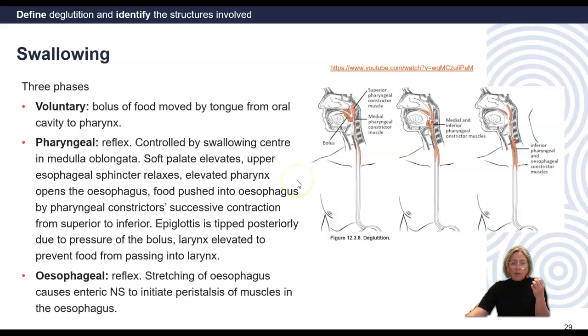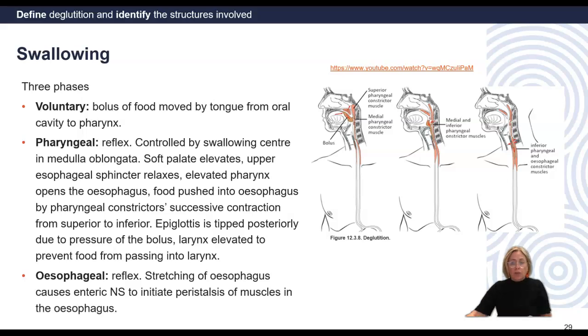The soft palate elevates, the upper esophageal sphincter relaxes, and the elevated pharynx opens the esophagus, and food gets pushed into the esophagus by the pharyngeal constrictors successively contracting from superior to inferior. The epiglottis is tipped posteriorly due to pressure of the bolus of food, and the larynx is elevated to prevent food from passing into the larynx and then on into the other parts of the respiratory tract.